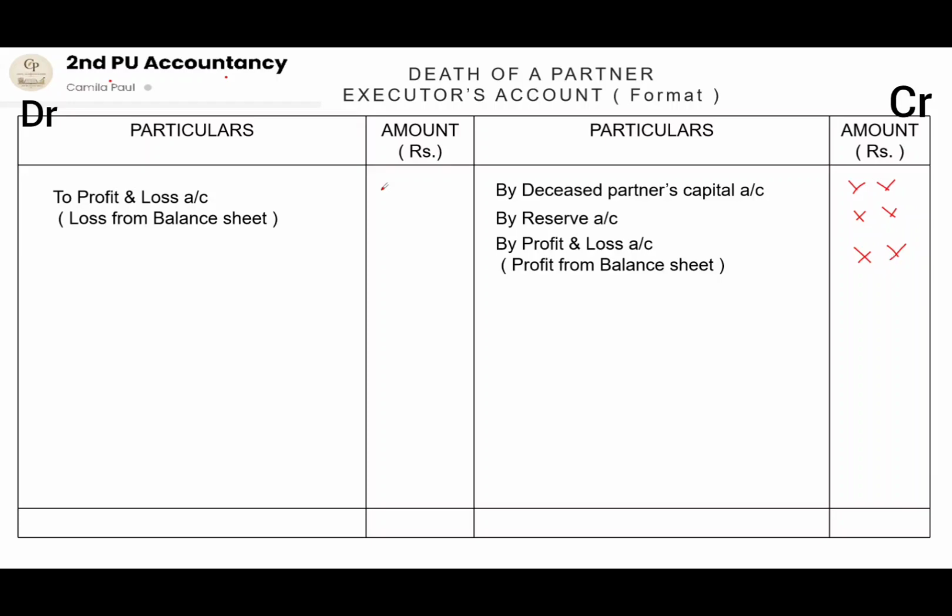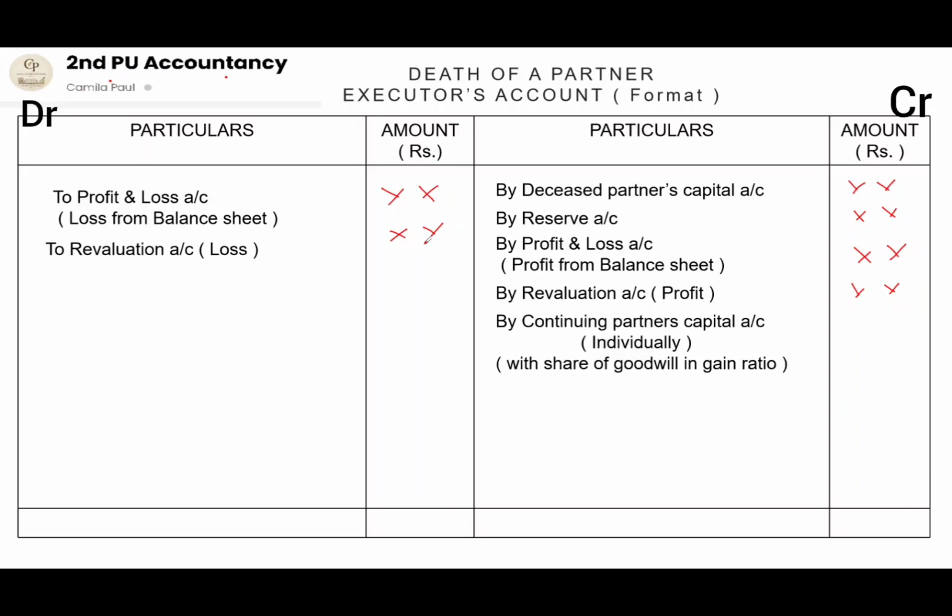Then if it is a loss, it will appear on the debit side. A share of loss, that is accumulated loss, should be entered on the debit side. Any revaluation profit, a share of revaluation profit will appear on the credit side, and loss will appear on the debit side of the executor's account.